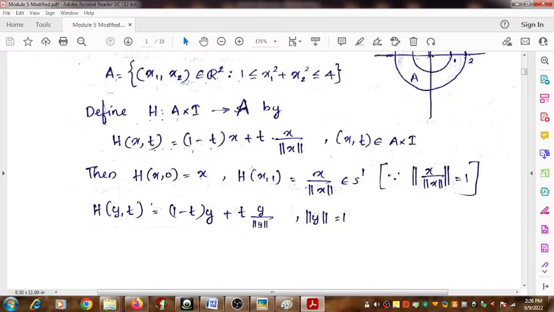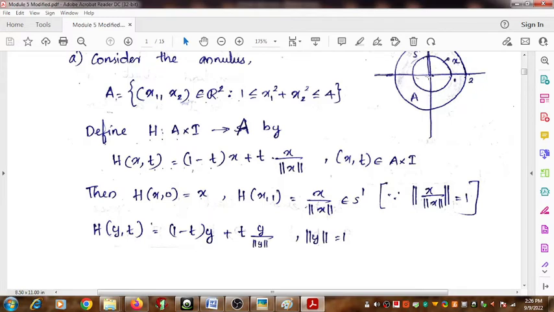That says that all the points H(x, 1), as x varies, belong to the unit circle S1, the inner circle. All those points are members of S1.